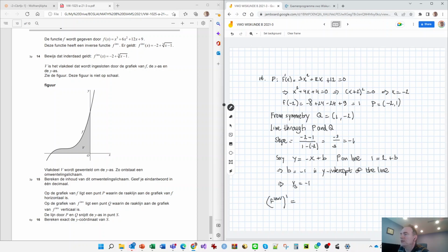There's always a lot of lag. It's just x minus 1 to the power minus 2 over 3, times, of course, 1 over 3.